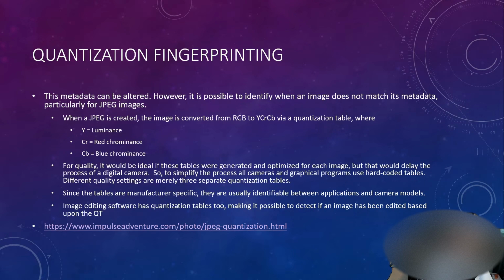They shouldn't be. The quantization tables from camera manufacturer to manufacturer and camera model to camera model should be different in order to make the images the best possible quality when taken on that device, which is a good thing for us, because that means that these quantization tables tend to be fairly unique, and so we can match quantization tables to cameras, hence quantization fingerprinting.